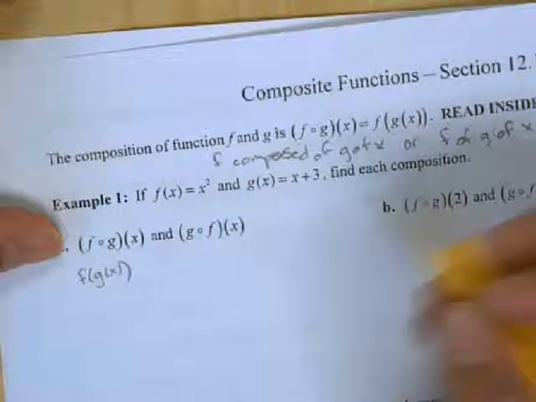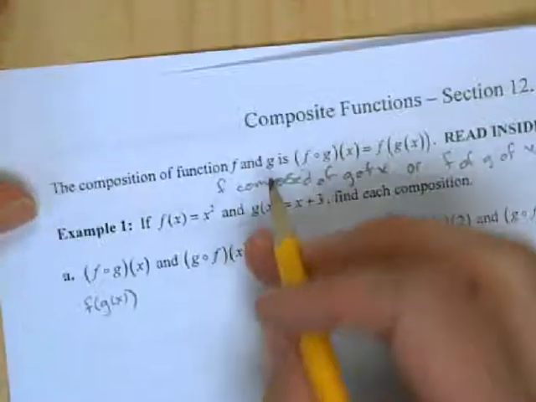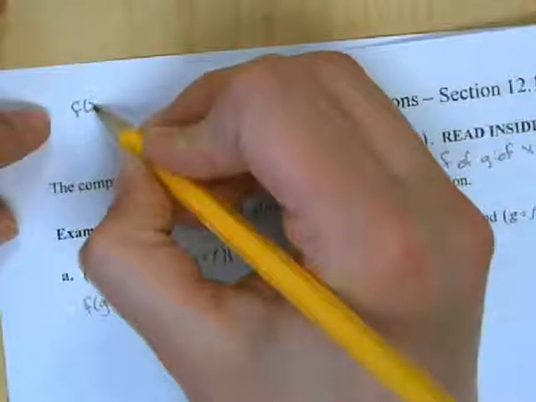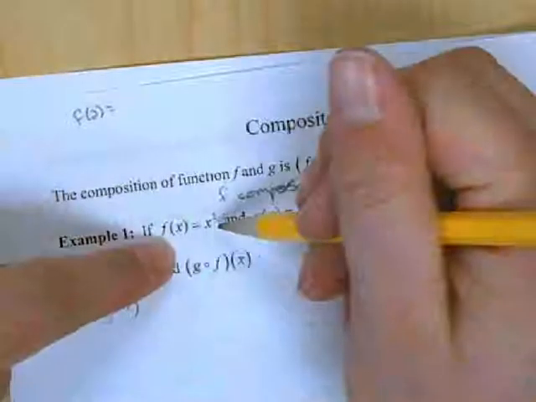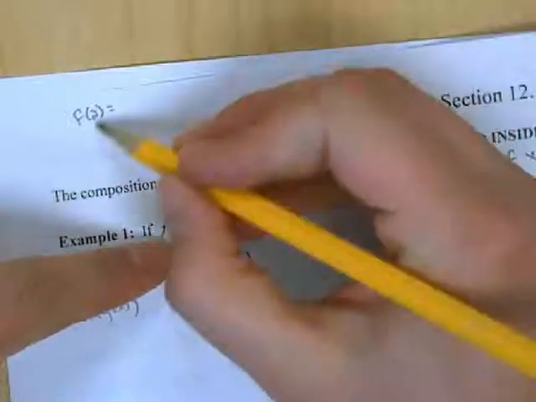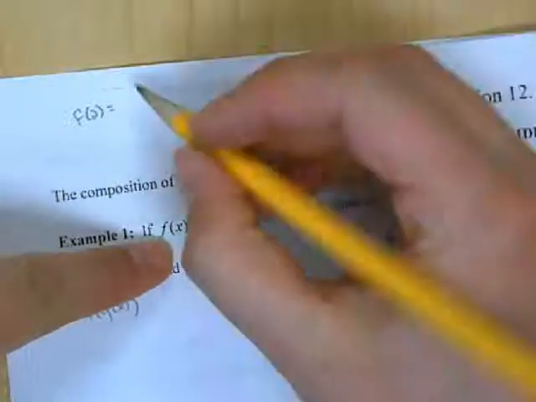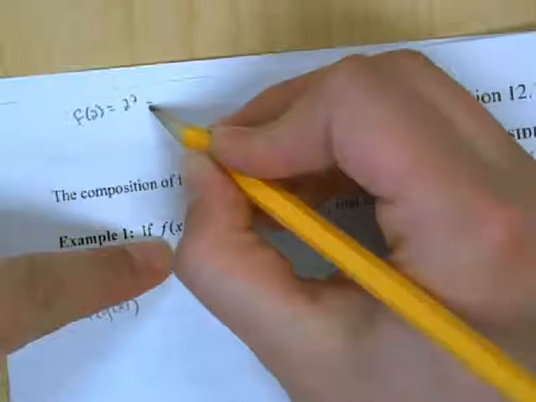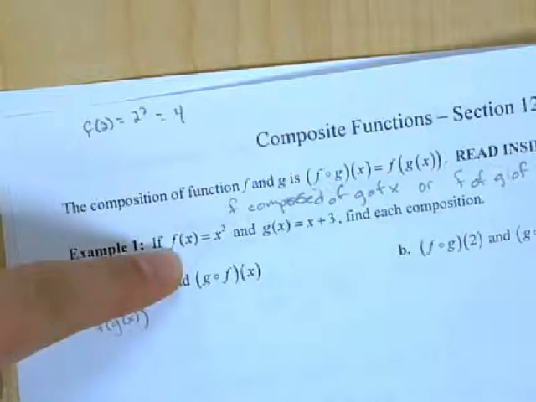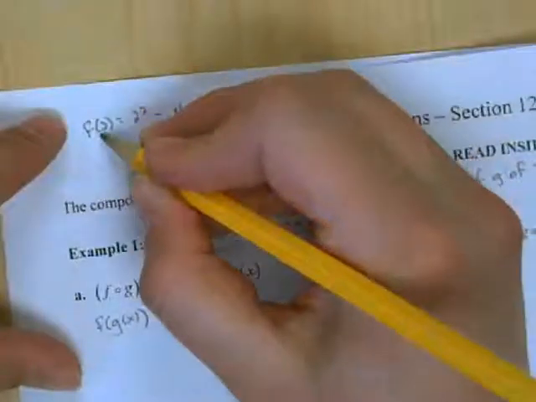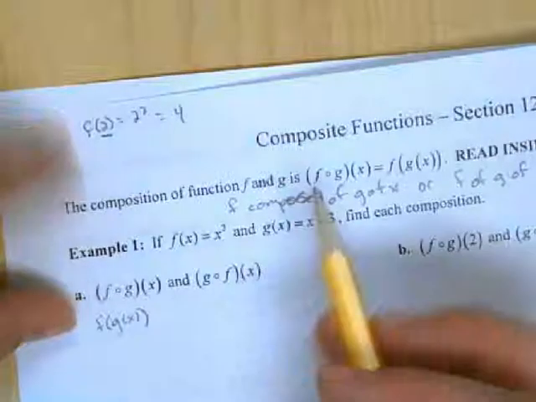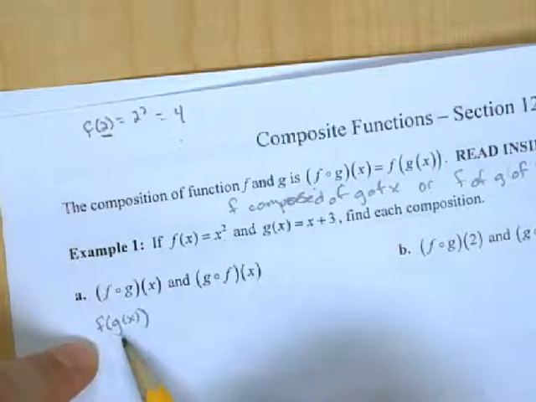So if you think back to the last unit where we looked at stuff such as F of 2, okay, if I had F of X is equal to X squared, and I wanted to find F of 2, well, simple, I just plug a 2 in for X, and I get 2 squared, which is 4. Okay, well, the same sort of thing is happening. Now, instead of just doing a 2 in there, we're actually going to place all of G of X. Okay, well, what is G of X?